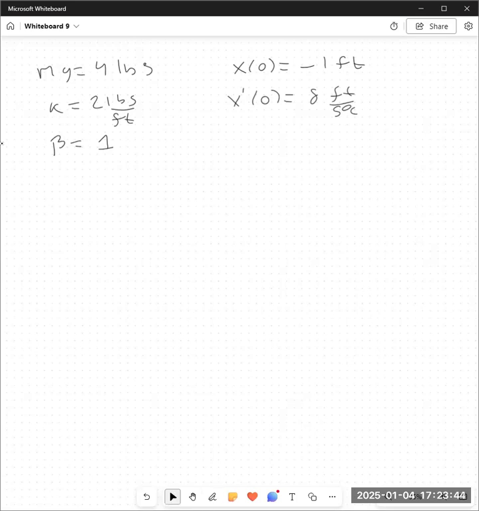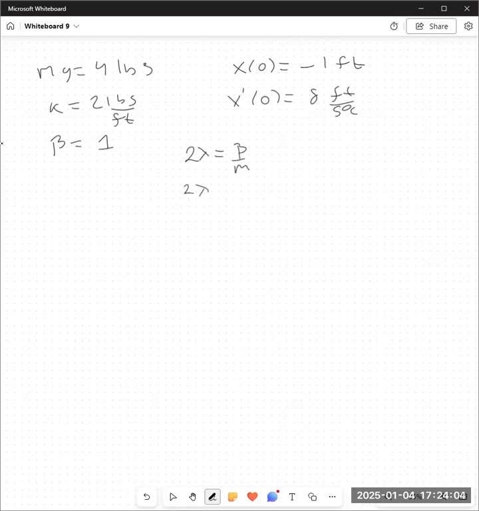So let's find our equation for the spring motion here. So we have 2 lambda is going to be equal to beta over m.